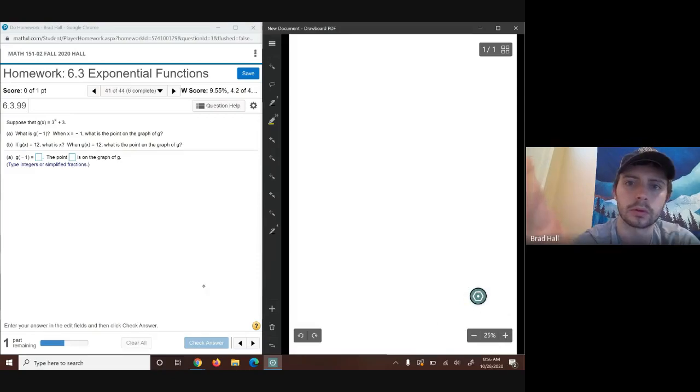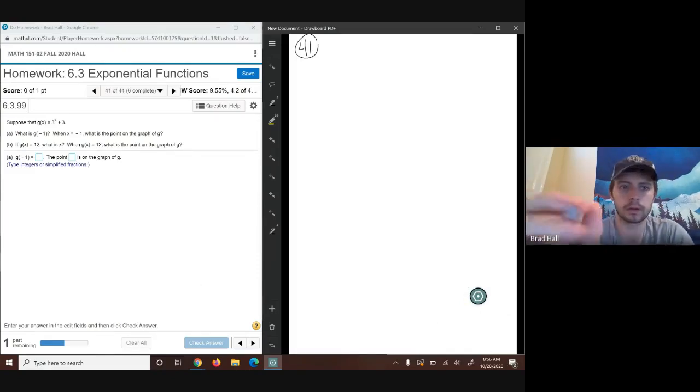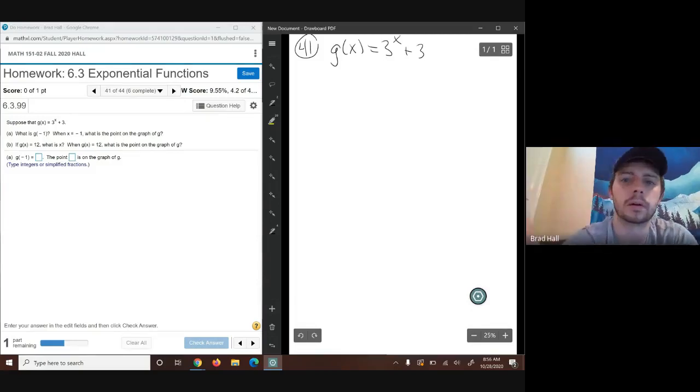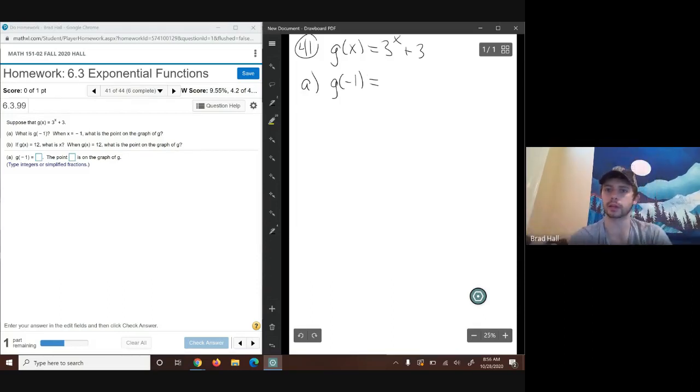Okay, so 41. And they tell us that g of x is equal to 3 to the x plus 3. And then they start off by asking us something fairly simple. What's g of negative 1?